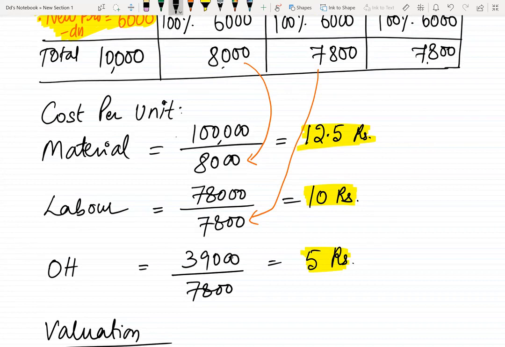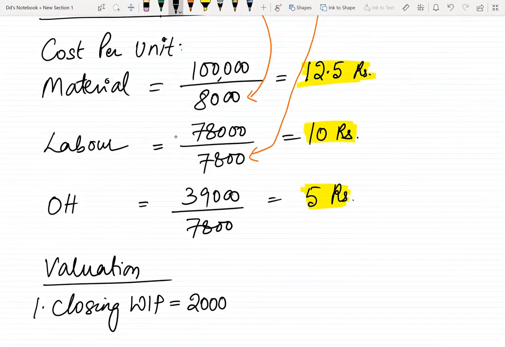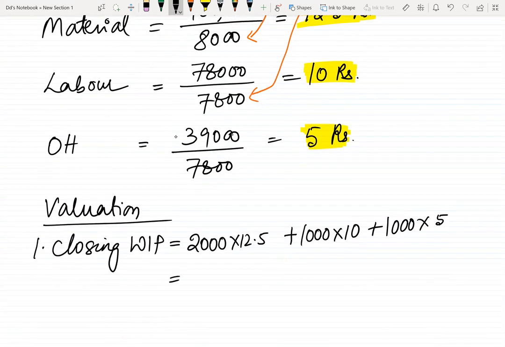Yes, do that. WIP will be 2000 into 12.5 plus 1000 into 10 plus 1000 into 5. Let me do it. 40,000 rupees. Okay.